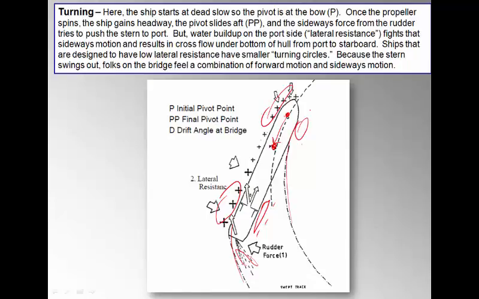So the vessel is having to fight all of these forces as it's coming through. And this is how we can determine what our overall turn radius is. So the underwater body shape of our ship will dictate how much we're being affected by these forces, and therefore dictate how quickly we can turn based on the hull form that's below the waterline.